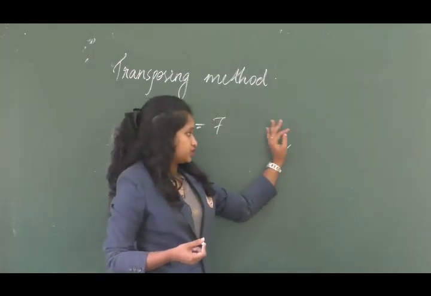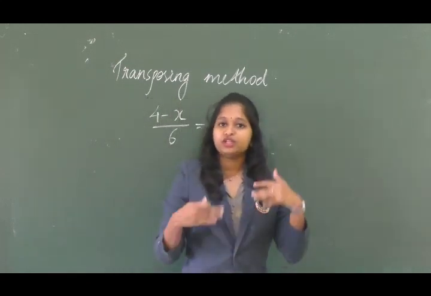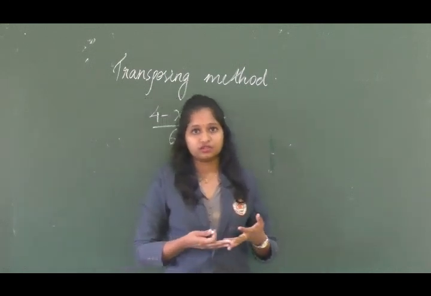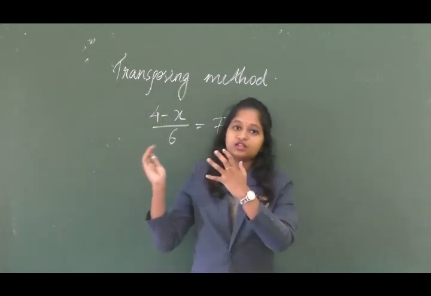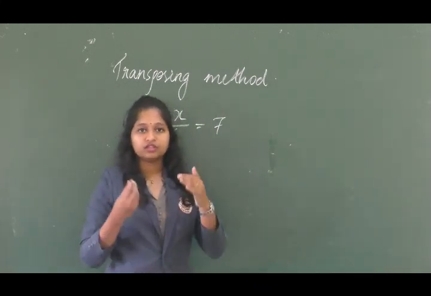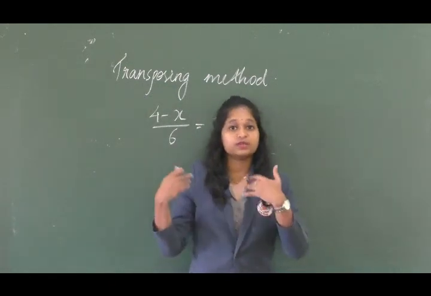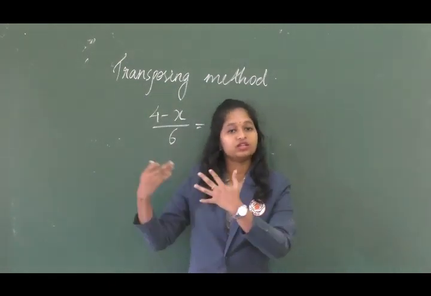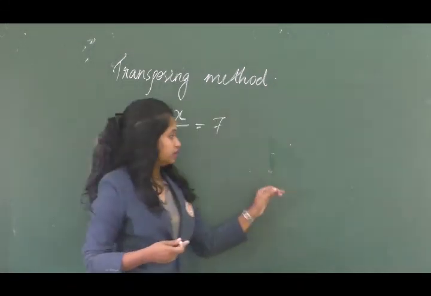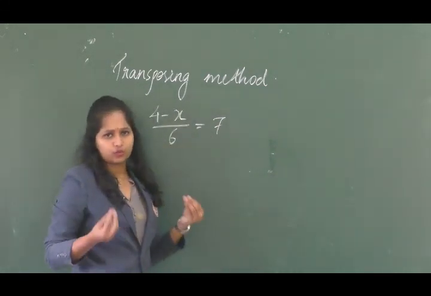If it is into 6 or any number, if it is in multiplication, then when you take to the other side of equal to, it becomes division. And if it is as division or if it is in the denominator in the LHS, and if you want to take to the RHS, it becomes multiplication in the RHS. Okay? So here I have one example. So this is the common way of solving equations.